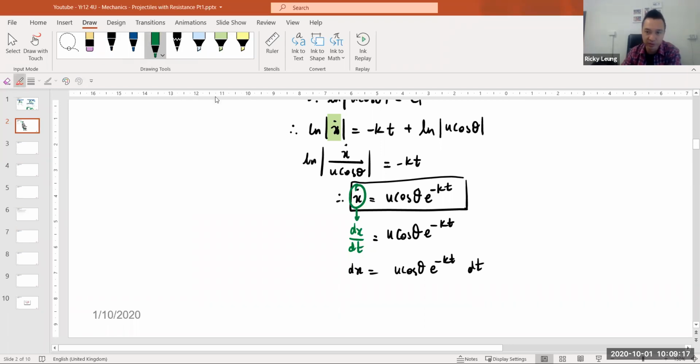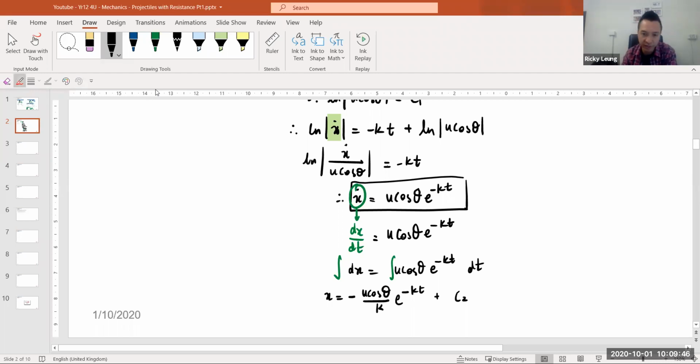We get x equals, now u cos theta is constant, and the exponential with a negative k becomes, actually maybe I'll put a negative in front, u cos theta over k, because I'm integrating it goes downstairs, and that's e to the negative kt, and then I add c2, which is nice.